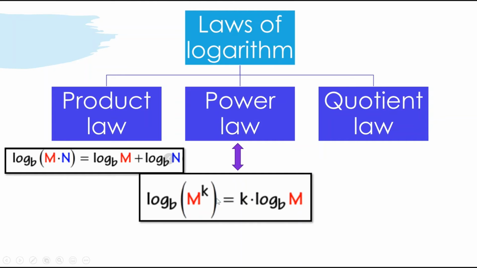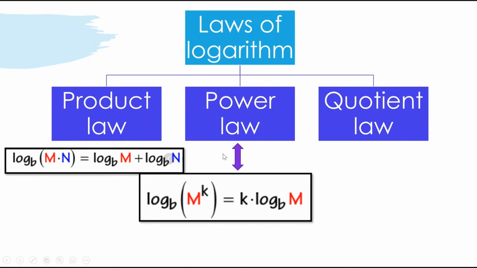So if the argument can be expressed as a power, like m to the power k, with the base b, we can write it as k times log of m with base b. So the power of the argument becomes a whole number outside the logarithm. This is the form of expression we write in the power law.